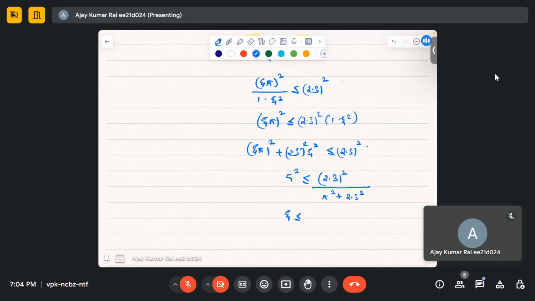So if you take the root, you'll get 2.3 by root of pi square plus 2.3 square.